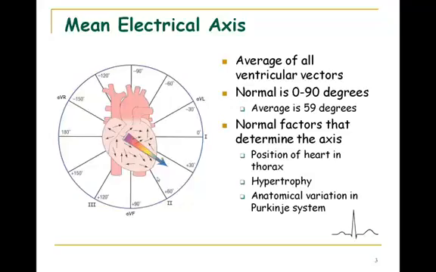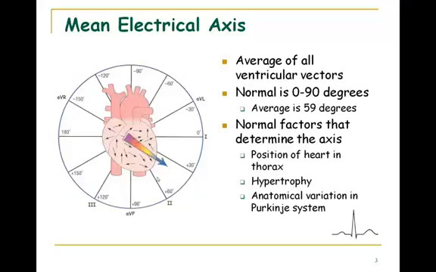There's a correlation, though, between a mean electrical axis and also the anatomy of the heart. How the heart is situated in the chest wall, how the Purkinje system is arranged. But changes in the normal flow of current through the heart can shift that vector and give us some important bits of information.